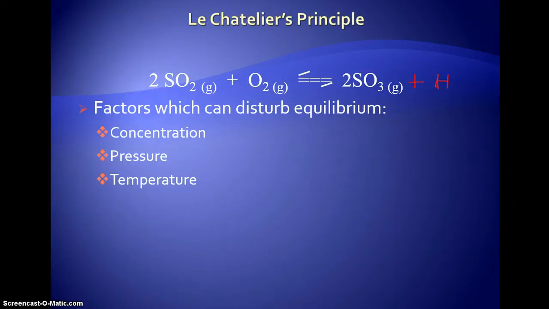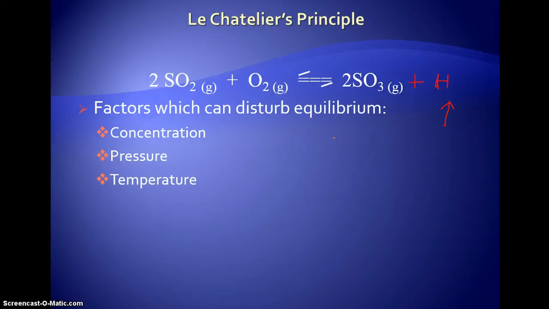I'm adding more of a product. Okay, in essence, I'm putting more of this right here in. Well, what happens if I put more of a product? Kind of similar to what we were talking about with concentration. If I add more of a product, what are you going to end up with? More collisions on the product side, okay? And as a result, which direction is that going to push the reaction? It's going to push it in reverse. Okay, so that's how that works.